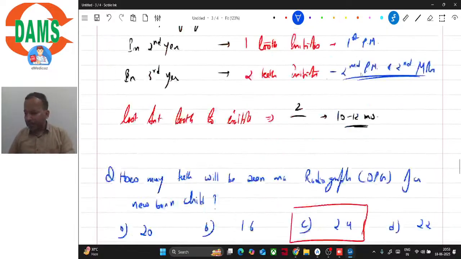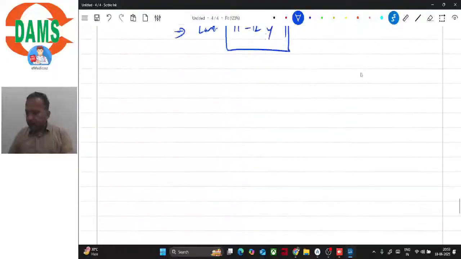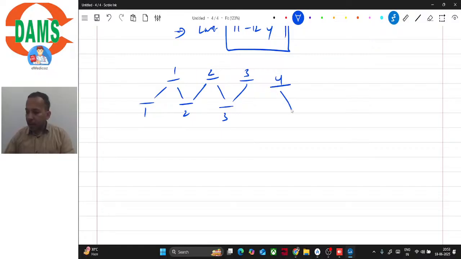So what have we seen so far? After mandibular central incisor, maxillary central incisor erupts. After mandibular lateral incisor, maxillary lateral incisor erupts, isn't it? After mandibular canine, maxillary canine erupts. But after maxillary premolar, mandibular premolar erupts.